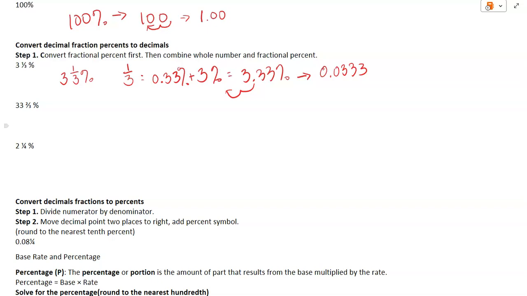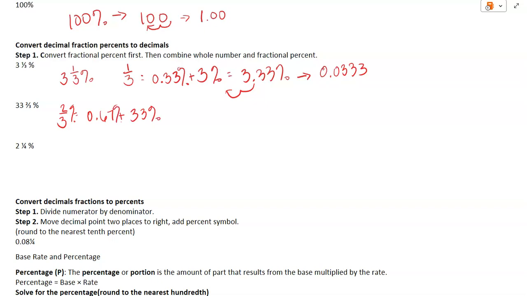Here we have 33 2/3%. Again, I'm going to focus on the fraction first and convert that into a decimal. If I round this to the nearest hundredth, that is 0.67. Now that I have my decimal part, I'm going to add the 33 from the whole number.